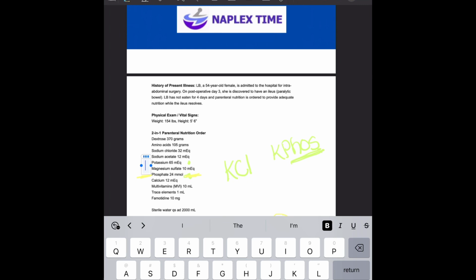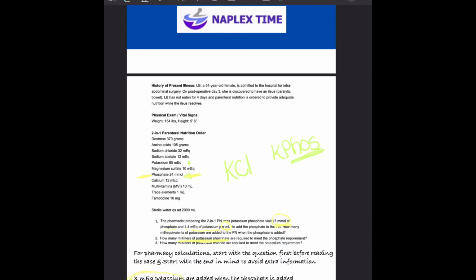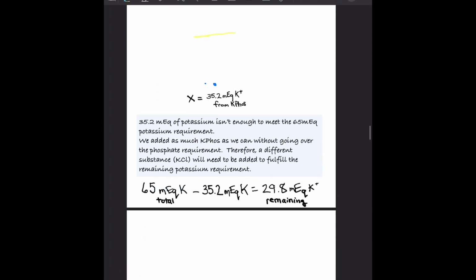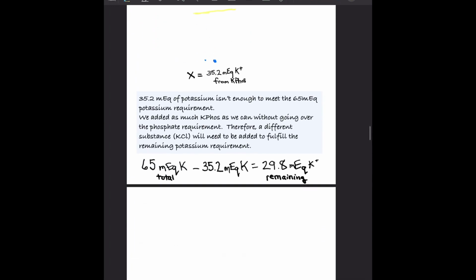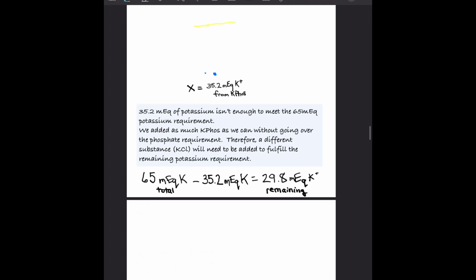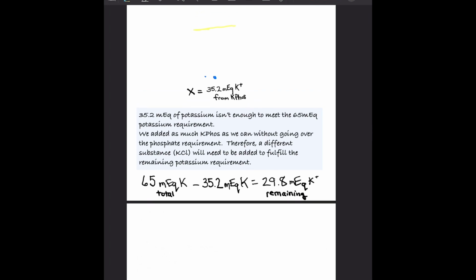Since 35.2 milliequivalents of potassium isn't enough to meet the 65 milliequivalent potassium requirement, we need to add more, but we can't use any more K-phos. We added as much K-phos as we can without going over the phosphate requirement. Therefore, a different substance, in this case KCl, will be needed to add to fulfill the remaining potassium requirement.